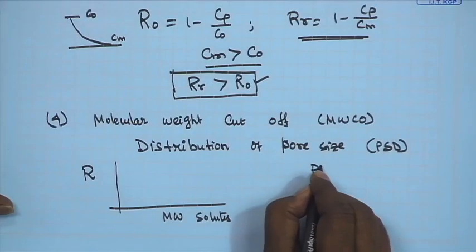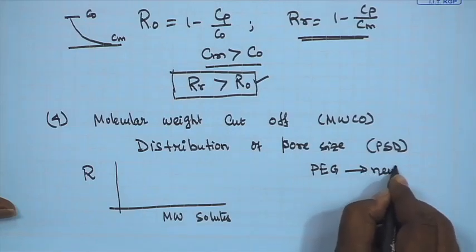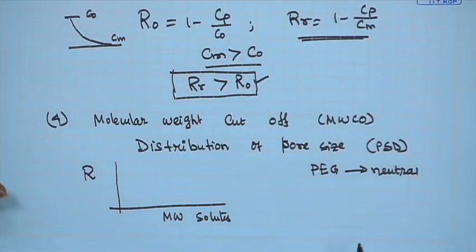These solutes have to be neutral solutes, for example, polyethylene glycol. We already mentioned polyethylene glycol when we discussed the steps of casting. It is a neutral polymer, and that is very important. We have to take neutral polymers, for example, polyethylene glycol, polyvinyl pyrrolidone, etc.